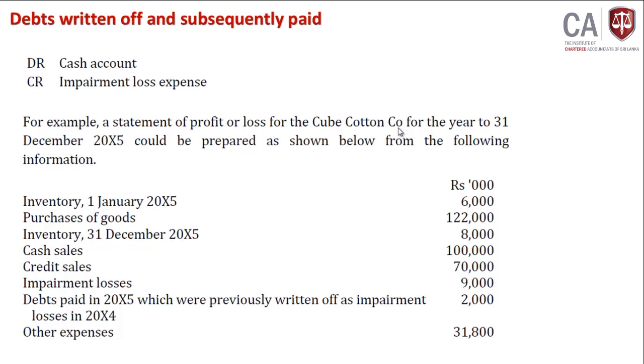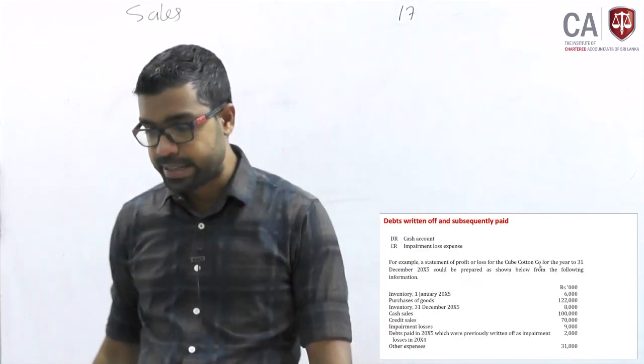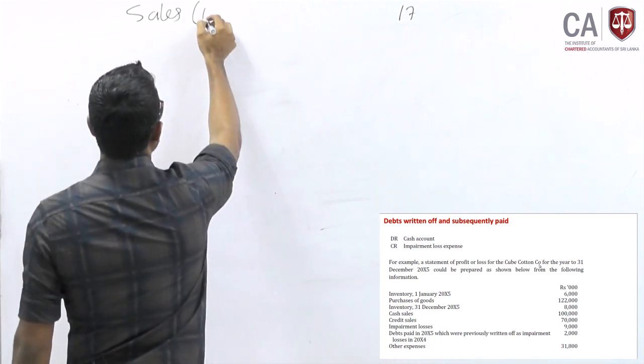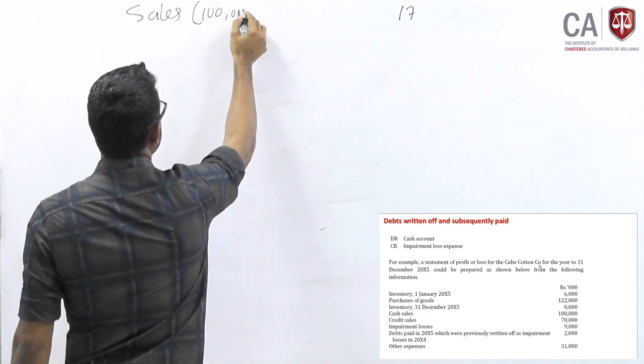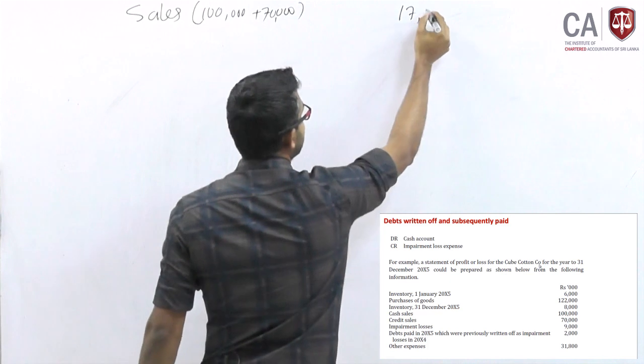So first we will record the sales transaction. Sales, how much? 170,000. How does 170 come? Credit sales 70,000 and cash sales 100,000. 100,000 plus 70,000 is 170,000.